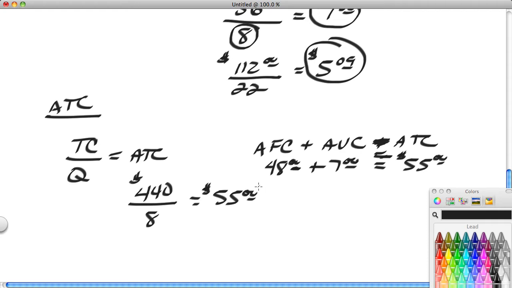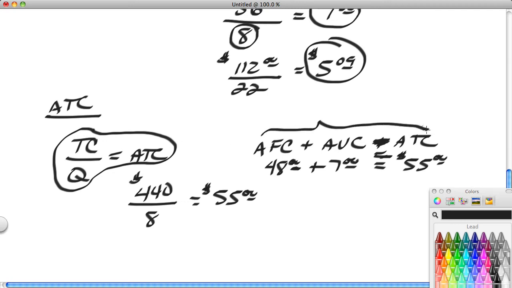Okay, one thing I recommend is that students actually use this method if they can in the calculation because you won't get a rounding error. Whereas in this particular method over here, you very well may get a rounding error because when you calculate this number, you may round it, and when you calculate this number, you may round it, and when you add them together, you may have a number that is a penny off from what the number should be.